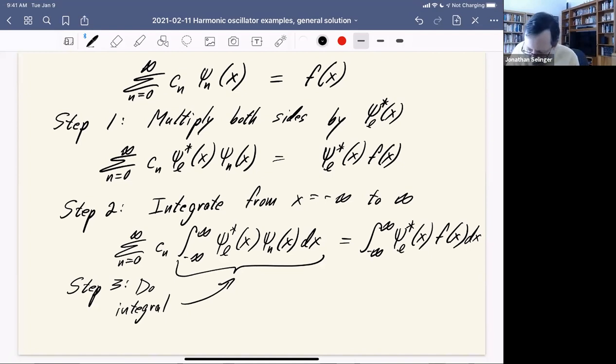This integral is equal to delta Ln. Now, the textbook has a mathematical proof of that. I'm not going to give you the mathematical proof. Instead, I'll just show you that it works in Mathematica.